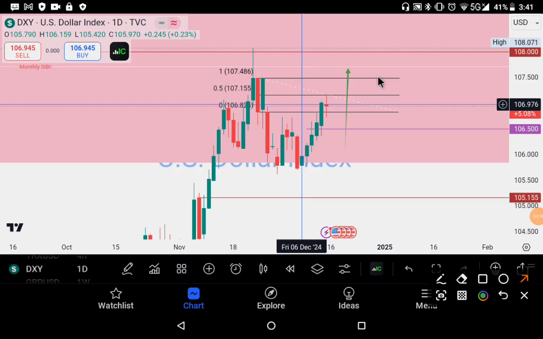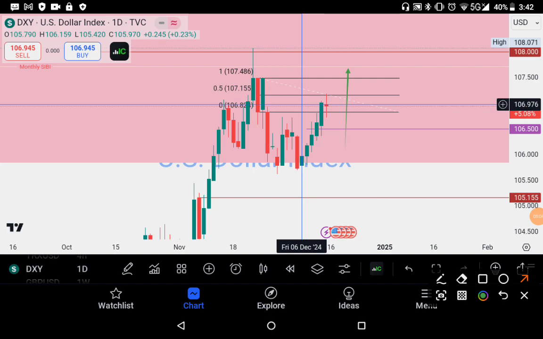If the market price takes that level and advances, I'll be going for 107,500, and the possible movement into the consequent encroachment of our monthly sell side imbalance buy side inefficiency.